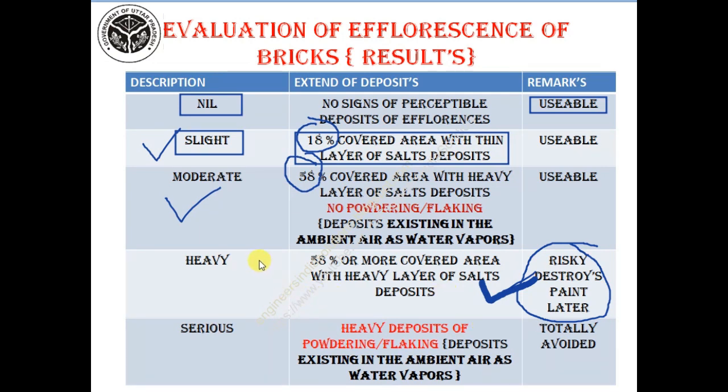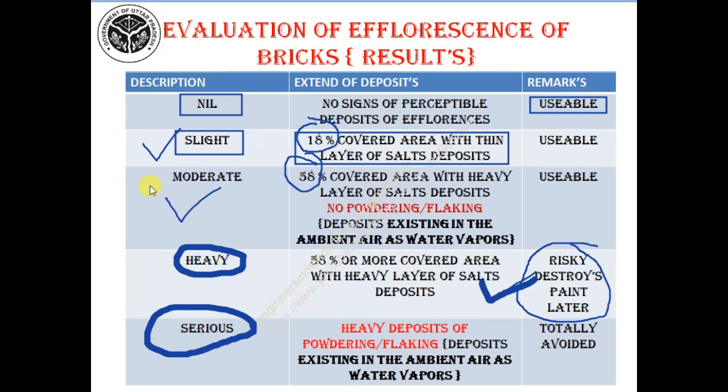Then it could be also serious, and this is absolutely avoided. So if we have heavy deposits, above 58%, it is at a risk. That means the structure could be at a risk in the near future.